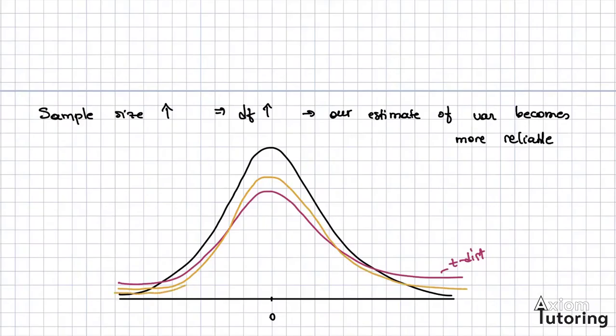And if we keep repeating the same thing as the sample size grows even more, we'll see that it will keep on shrinking the tails in here, becoming thinner while becoming taller until it finally coincides with the actual normal distribution line that we have in black and that I just highlighted now in pink. Okay. So in large samples, the t and the normal distribution are basically the same.